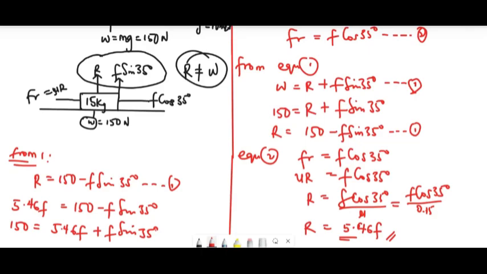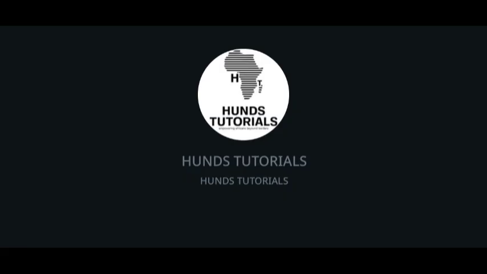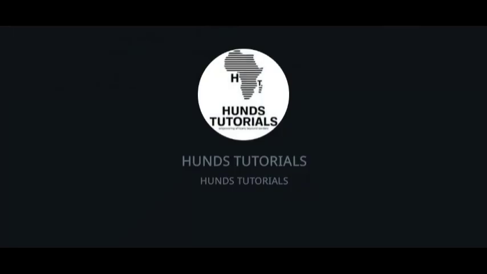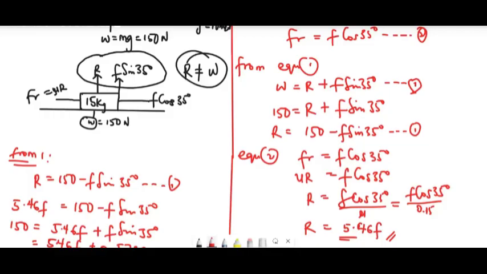Sine 35 is 0.5736. So 150 equals 5.46 F plus 0.5736 F. If the other term is going to give me 5.46, that will give me 6.03. So 6.03 F equals 150.